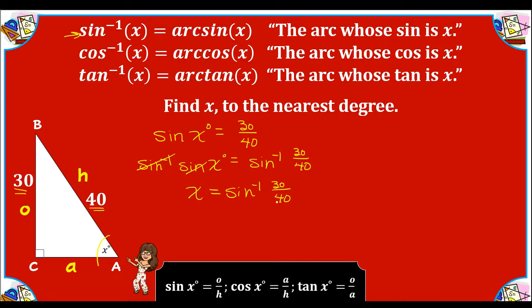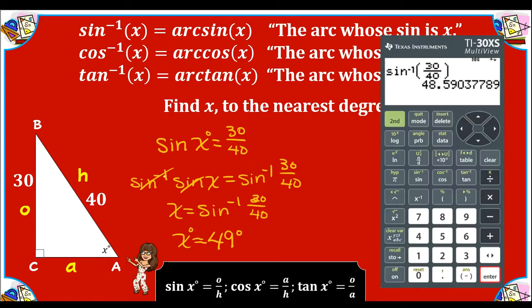On your calculator, you're going to use second sine, and then I use the N/D button, plugged in 30/40, and then arrowed out and put my parenthesis and clicked enter. And so we get 48.59.